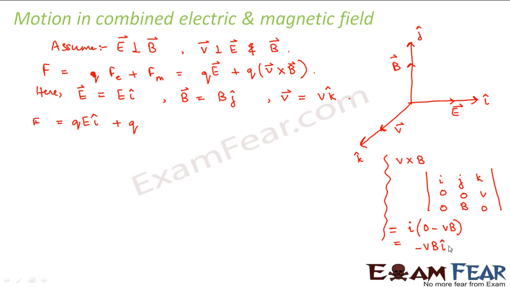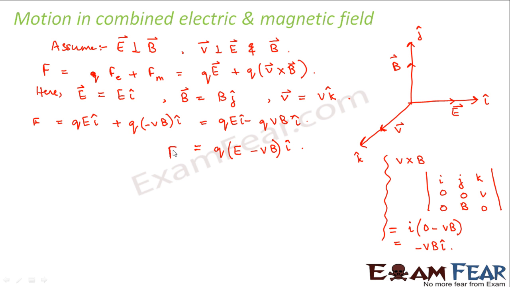So V cross B will be equal to minus VB i cap. So this is equal to QE minus QVB i cap. From here we can write Q into E minus VB i cap.